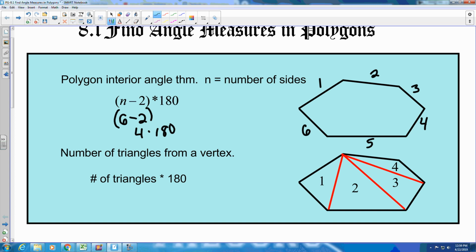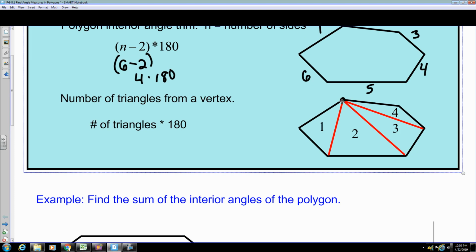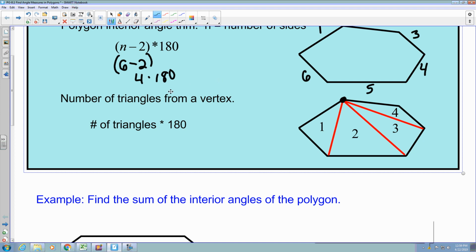We may not know what each individual angle is, but we'll know what the sum is just by the number of sides. You could also use the number of triangles from a vertex. If you look here, they established this vertex right here as the point on which we can create all the triangles.